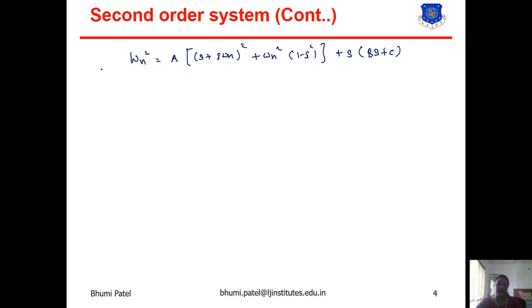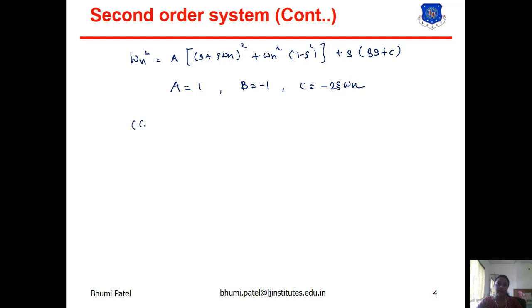Here the S square and S terms will be missing, so simplify and equate this. We can get A is equal to 1, B is equal to minus 1 and C is equal to minus 2 zeta omega n.